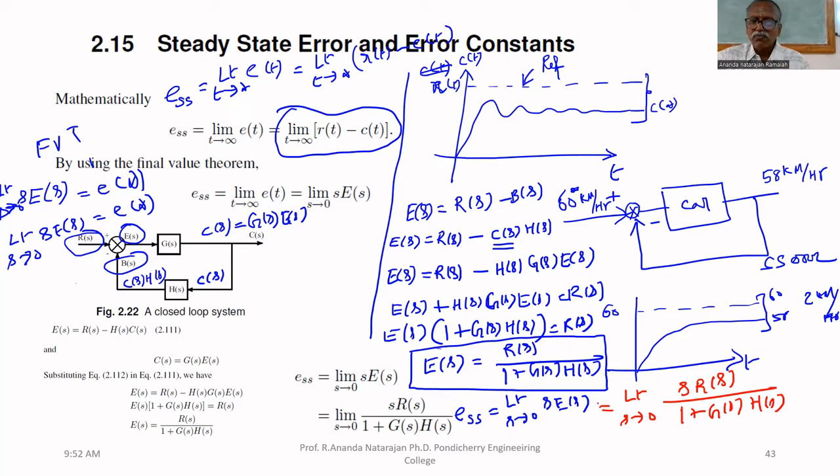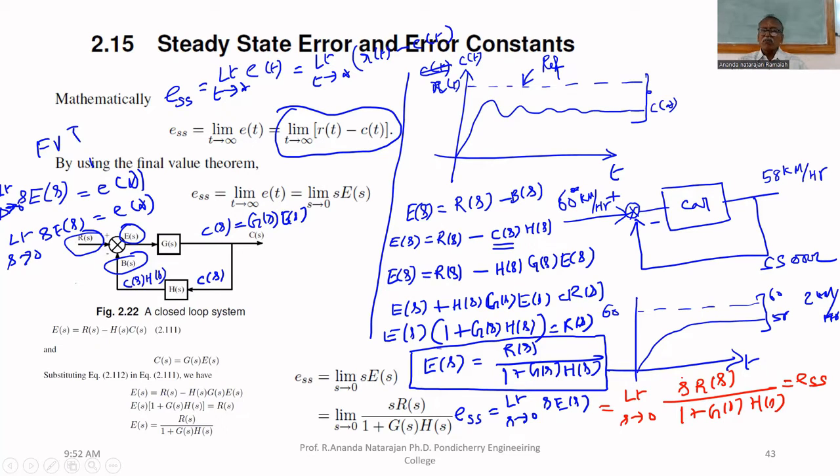Therefore, the expression for steady state error is limit s tends to 0, s R of s upon 1 plus G of s, H of s.